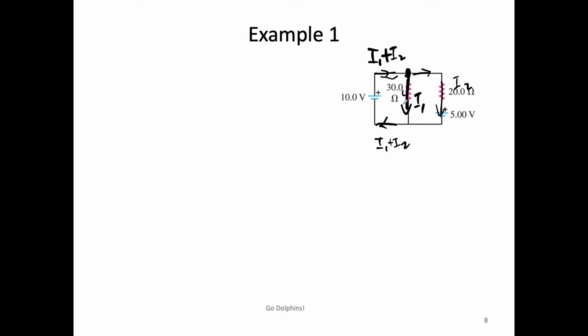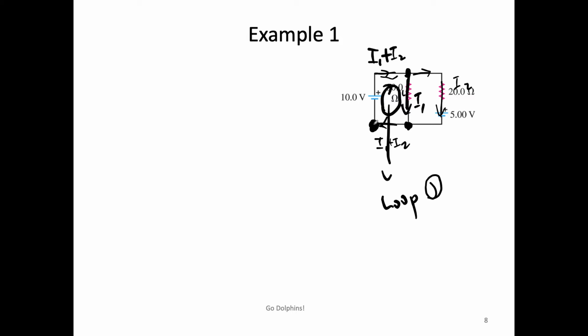So I1 plus I2 splits into I1 and I2, and then merges back into I1 plus I2 here. I just need to build some loops to calculate the current going through the 30 ohms and the 20 ohms. Let's call this loop 1. Assume I start from here.